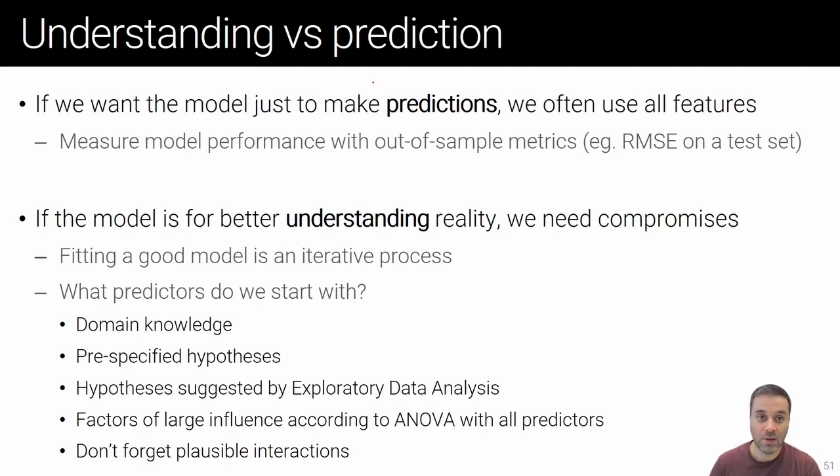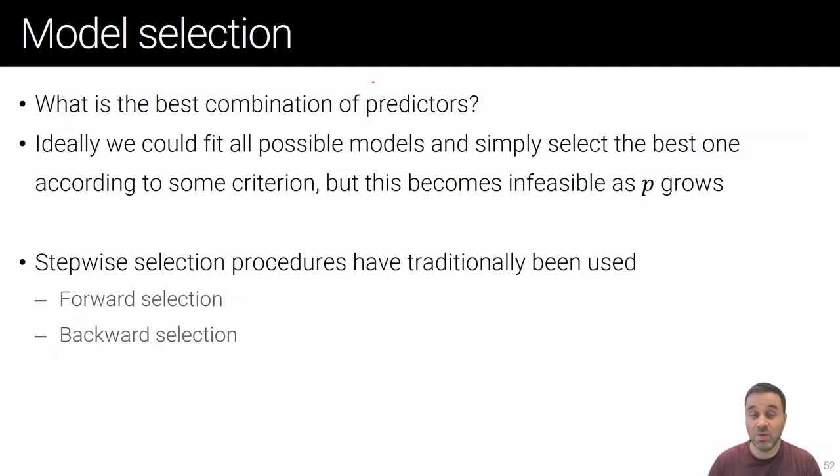And so we are dealing with the problem of model selection. Out of all the possible models that we could build with a given data set and a given set of predictors, how do we choose? How do we start choosing? So again, what is the best combination of factors? Well, ideally, we could just build all possible models with all those factors, all possible combinations of factors, and then, according to a certain criterion like RMSE or R-squared, things like that, choose the one that is the best.